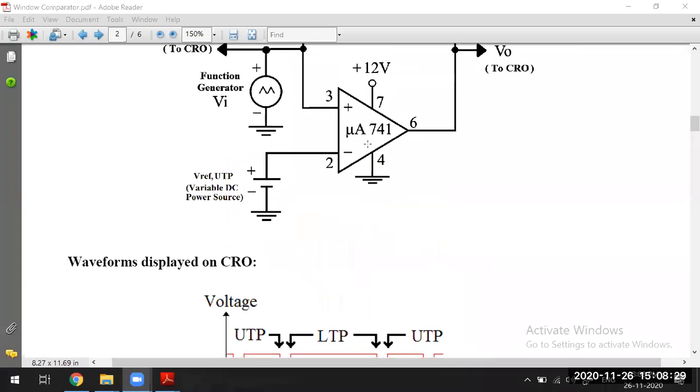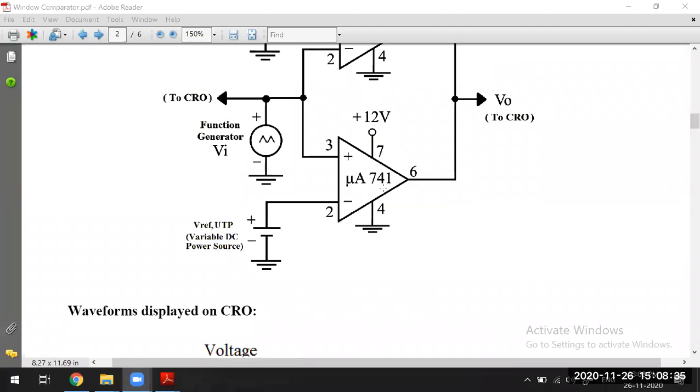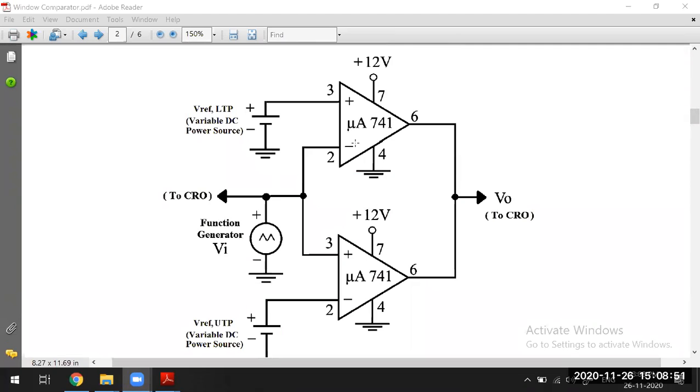Since we have given a low voltage of 0, it is in this range. Understand this: the fourth and seventh pins are called saturation voltages. Saturation voltage means the maximum output from the op amp will be this voltage. In this experiment we have given saturation voltage 0 to 12 volts. Usually we give minus 12 to plus 12 volts.